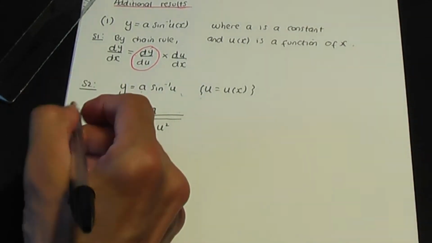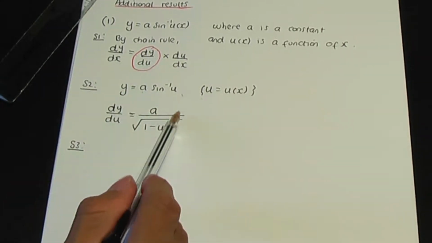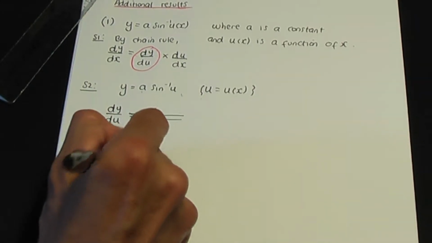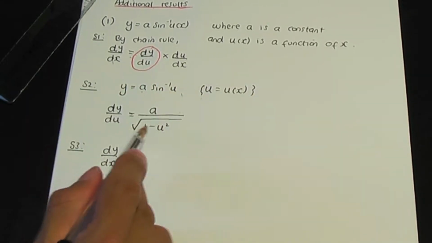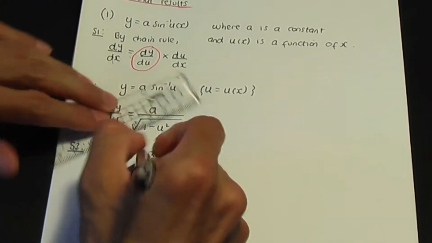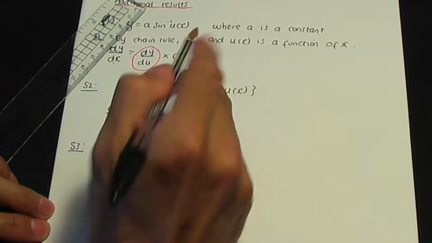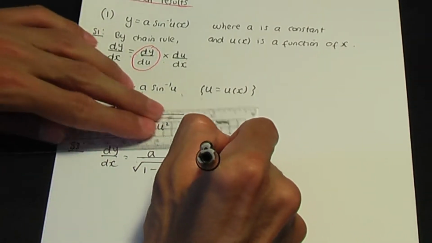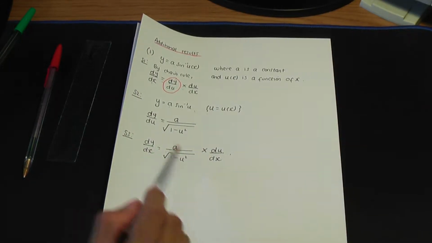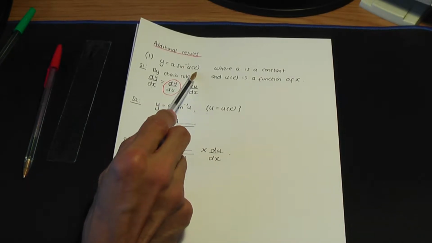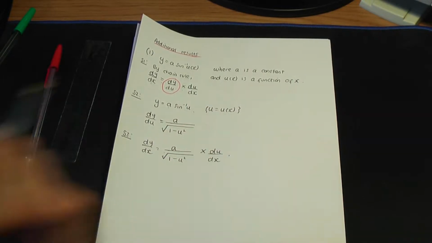And finally in step 3, if I replace dy by du by the result here, I'm going to have dy by dx equal to a divided by the root 1 minus u squared, multiplied by du by dx. So this is the result for when you differentiate a sine inverse ux. A is a constant when using this result, and ux is any function of x.